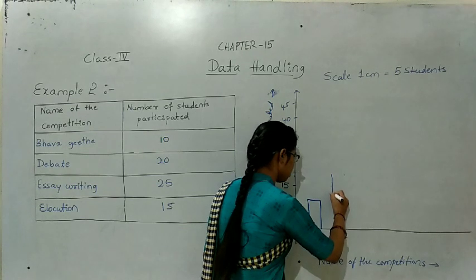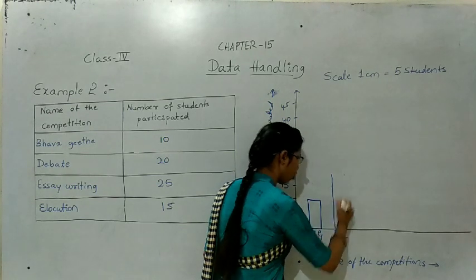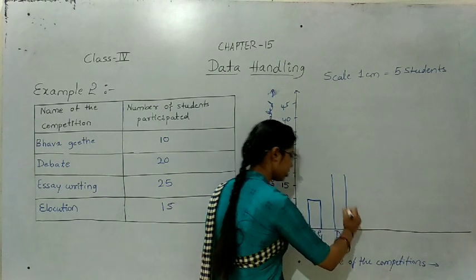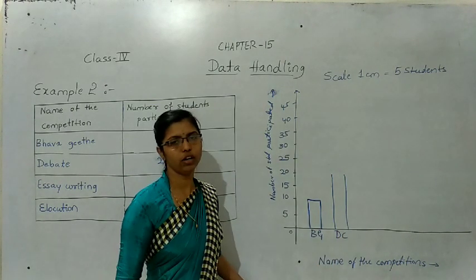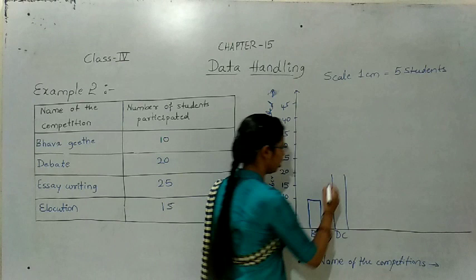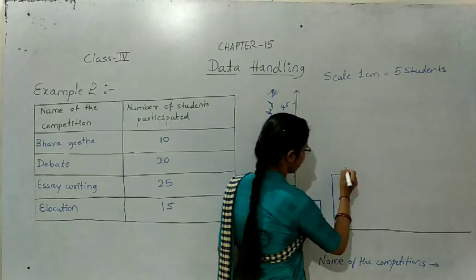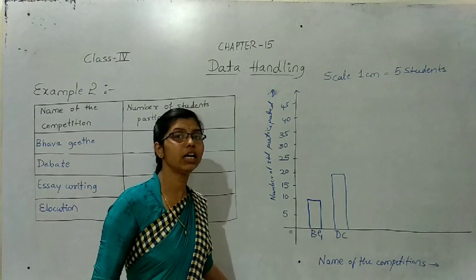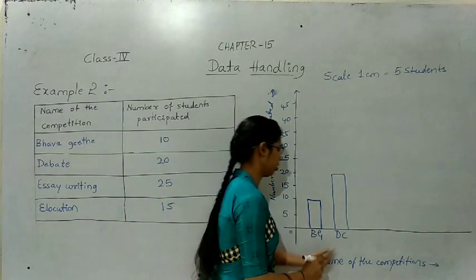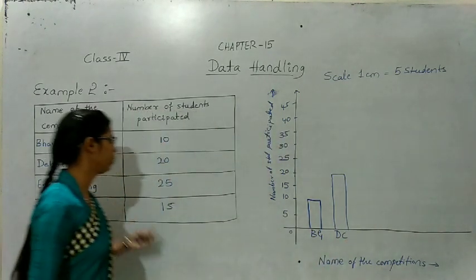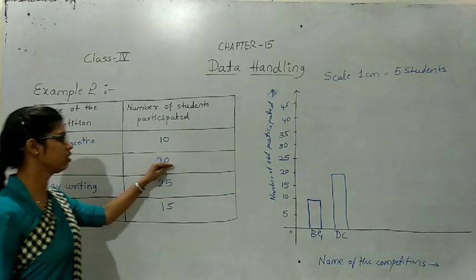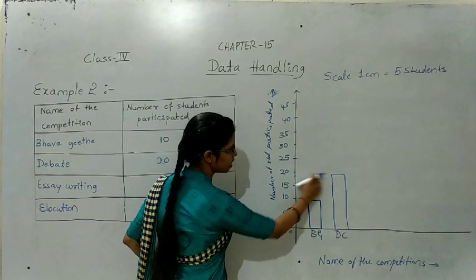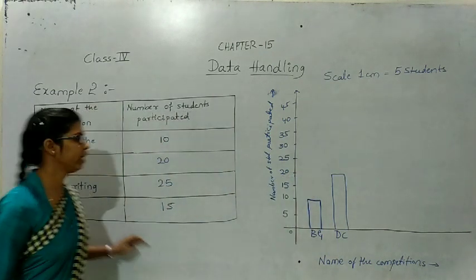This is perpendicular to the horizontal line, exactly vertical to that horizontal line. This indicates the number of students who participated in the debate competition. The second one is the debate competition, with 20 members. That's why the bar is exactly equal to 20.